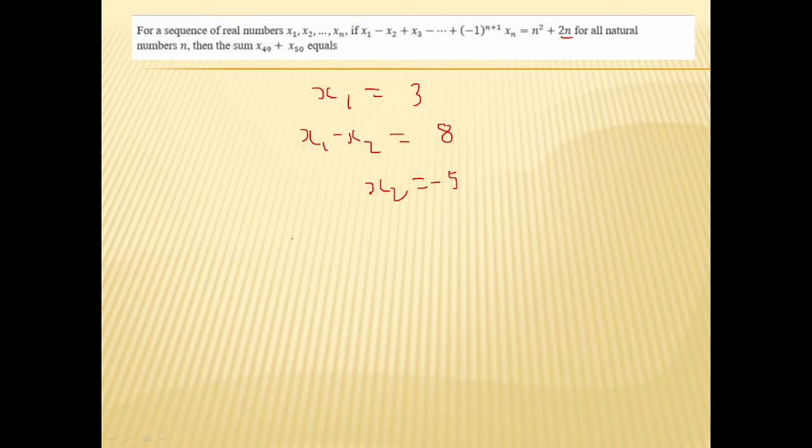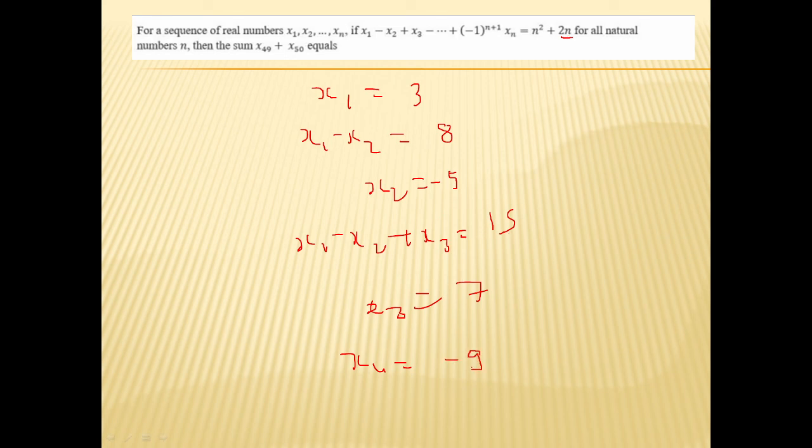Now x1 minus x2 plus x3 equals 3 square plus 3 plus 3, which is 15, so x3 equals 7. Similarly for x4, 4 square is 16, plus 4 plus 4 is 24, 24 minus 15, which is 9.